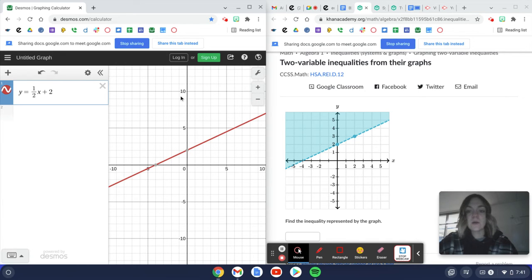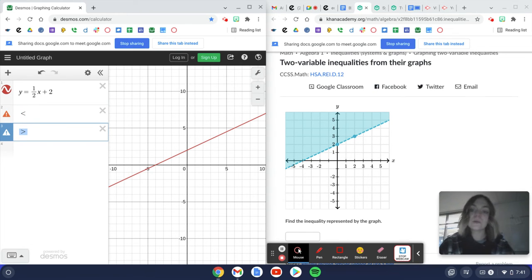And now I need to figure out which inequality sign I'm going to use based on what my graph is giving me. This is a dashed line. It's not a solid line. So that automatically is indicating to me that I'm going to use either the less than inequality sign or the greater than inequality sign, because those are the only two inequality signs that can give me this dashed line.